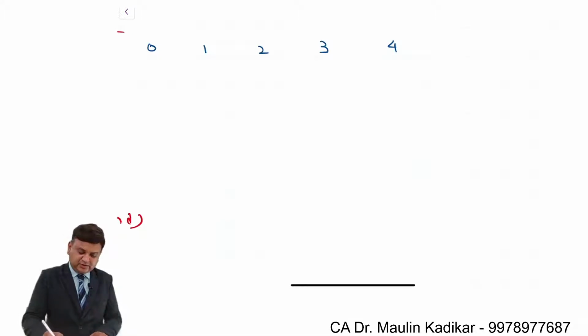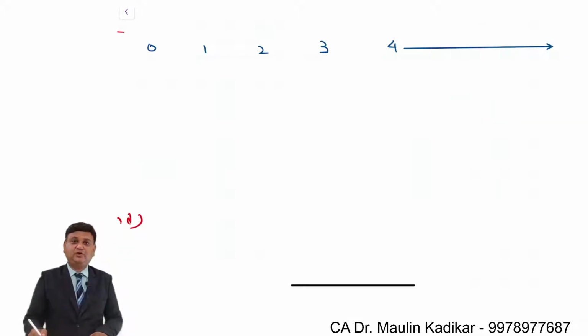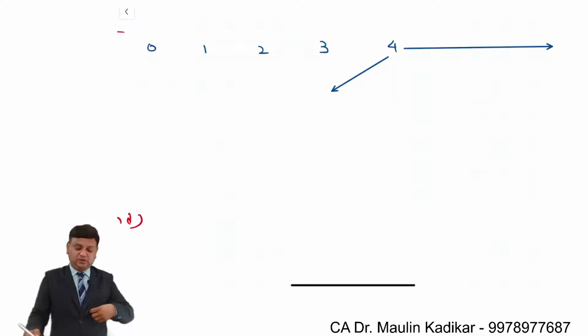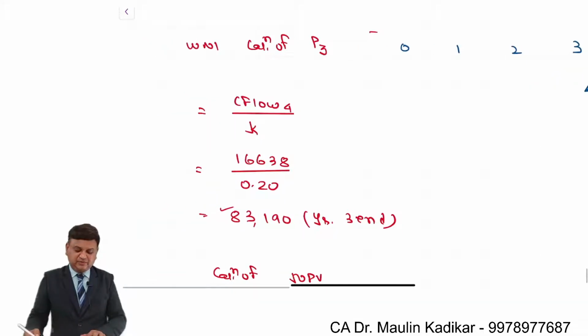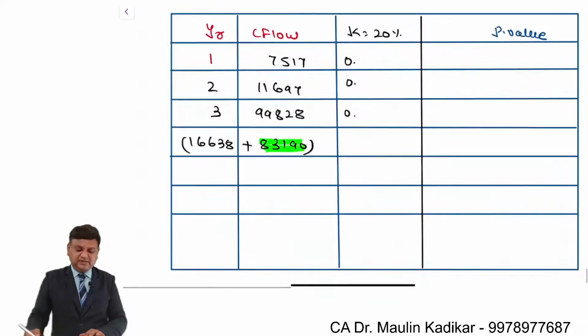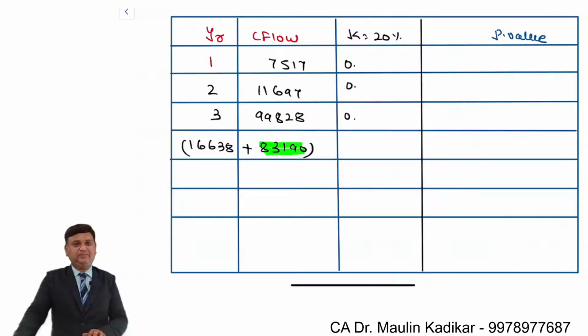So fourth year onwards for infinite period, whatever amount of the cash flow which you are going to receive, all of them have been discounted to third year end, and that is what we understand is P3. End of year 4 onwards for perpetuity, whatever you are going to receive, all of them have been discounted to third year end, and that is what we understand is P3, and which is later on discounted once again to year 0 for NPV calculation.